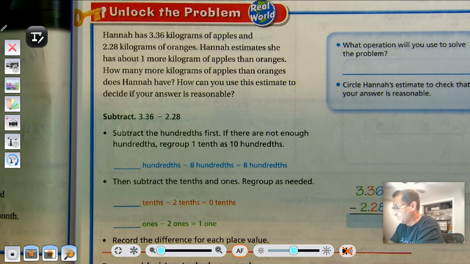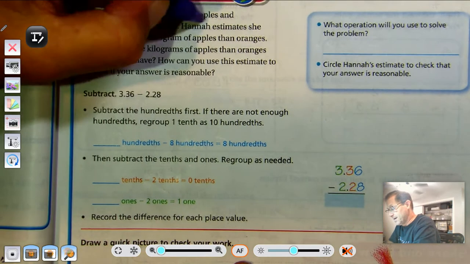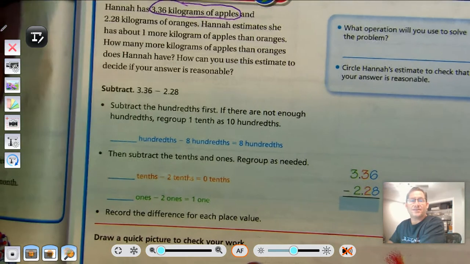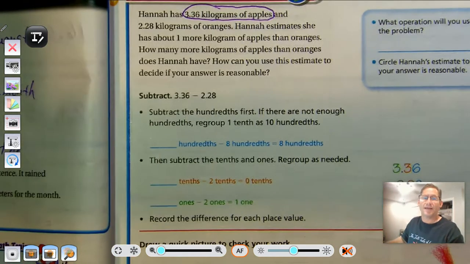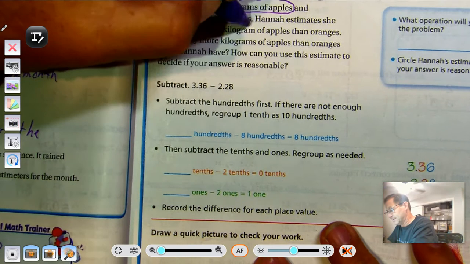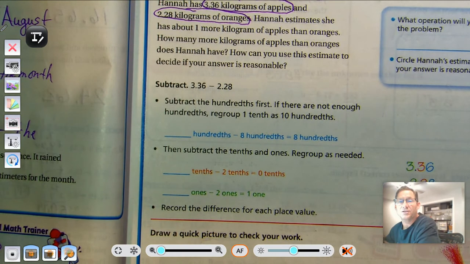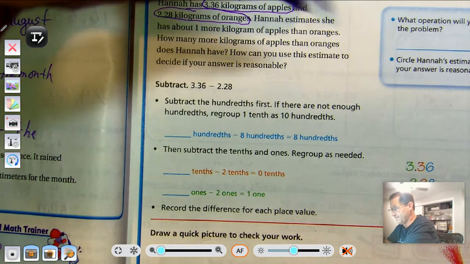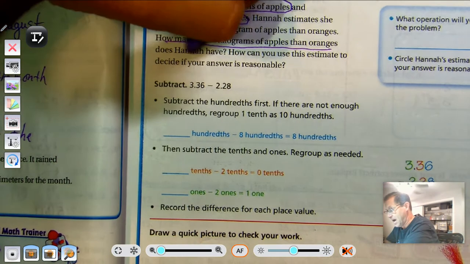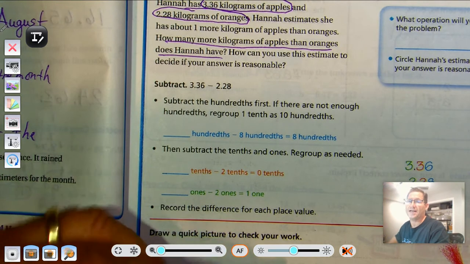Okay, so let's circle some important information. So we know that she has 3 and 36 hundredths kilograms of apples, and she has 2 and 28 hundredths kilograms of oranges. We need to find out how many more kilograms of apples than oranges she has.